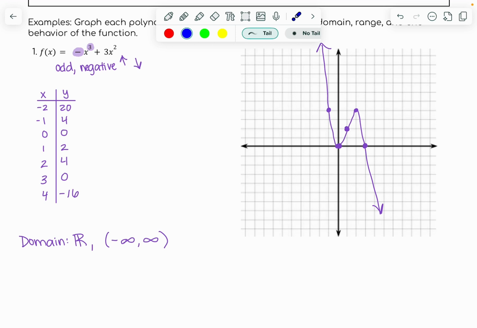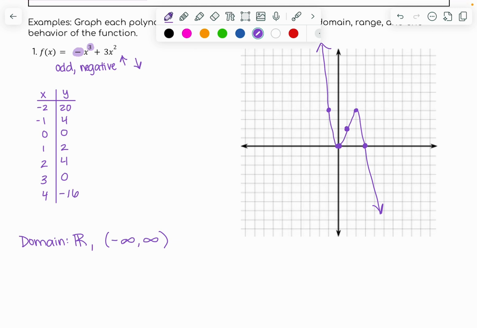Infinity is not a specific number that I can count to. So we always use parentheses when we're referring to infinity. And we always go from left to right. So looking at a graph from left to right, negative infinity is over here and positive infinity is on the right side. So we say from negative infinity to positive infinity, there's every x. I can plug it in and it'll give me a y.